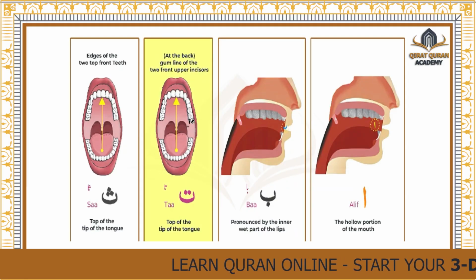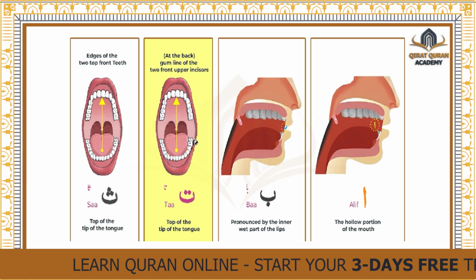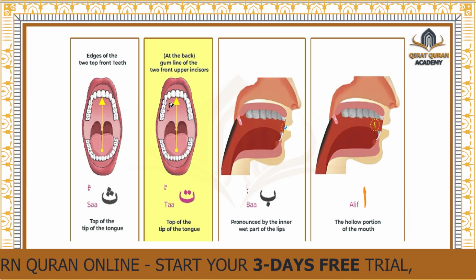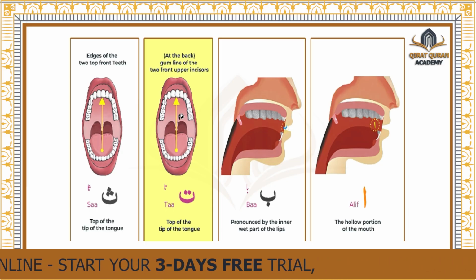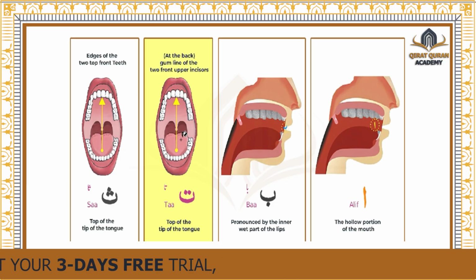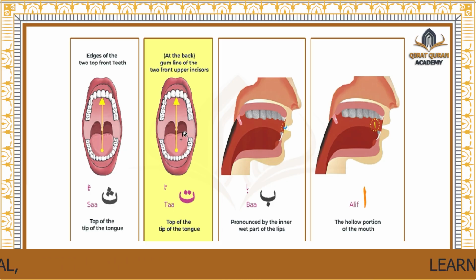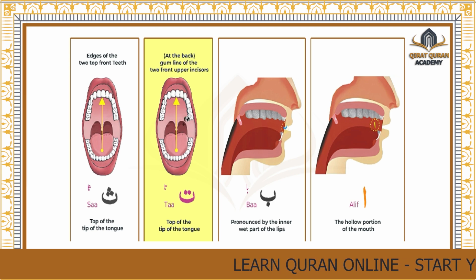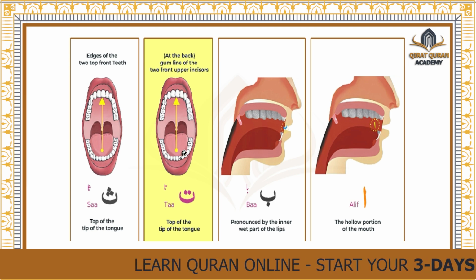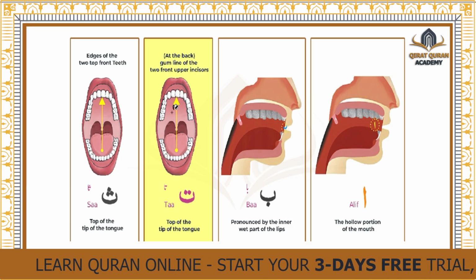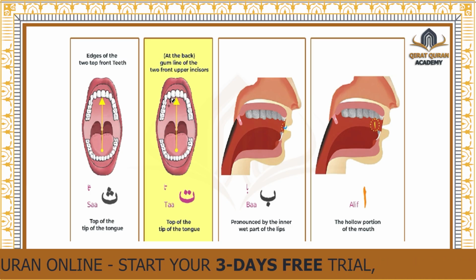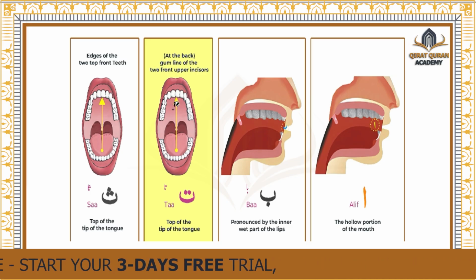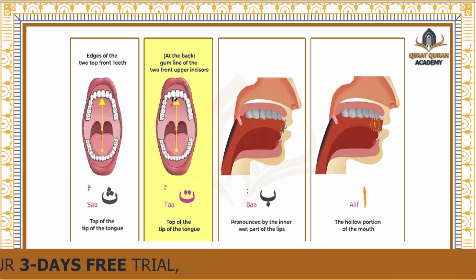So this is the inner view of mouth. Can you see, this is the inner view of mouth, and when we pronounce Ta, we touch the tip of tongue to the gums of upper front two teeth. So this is the back side of teeth.